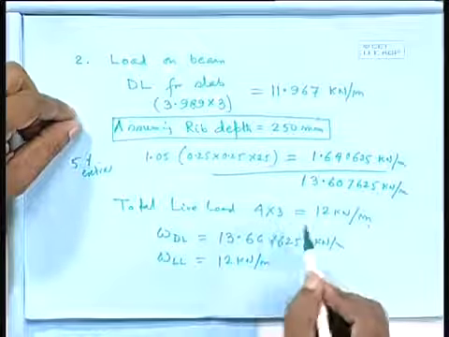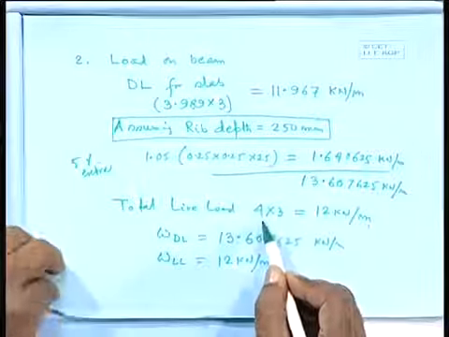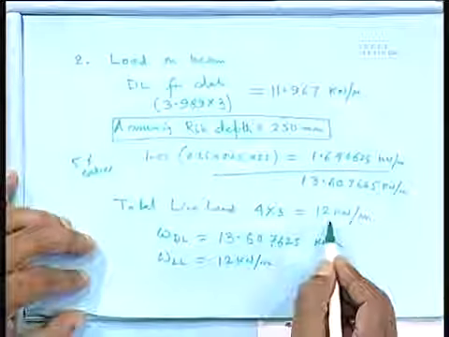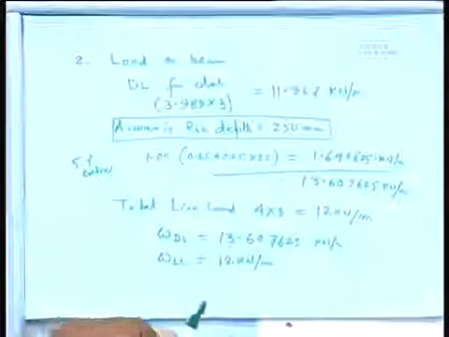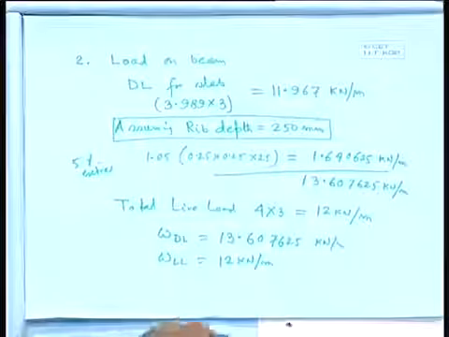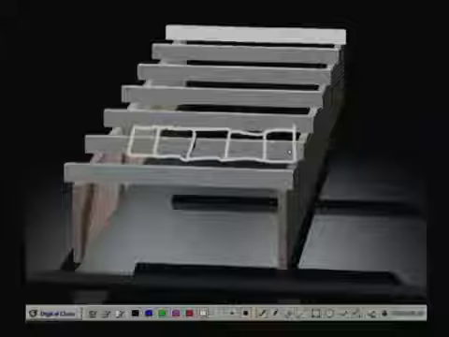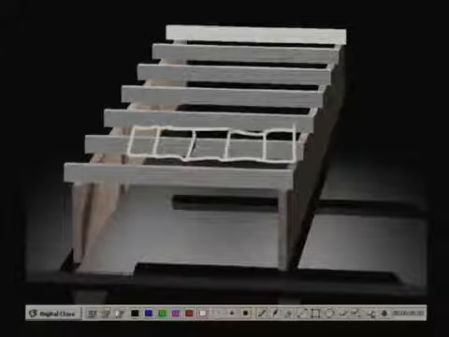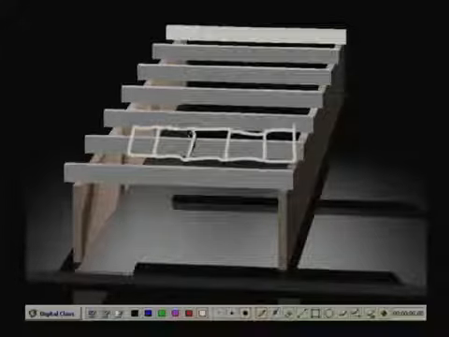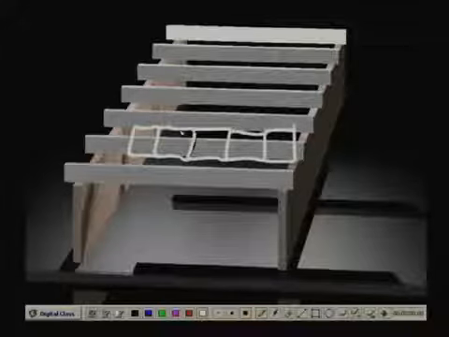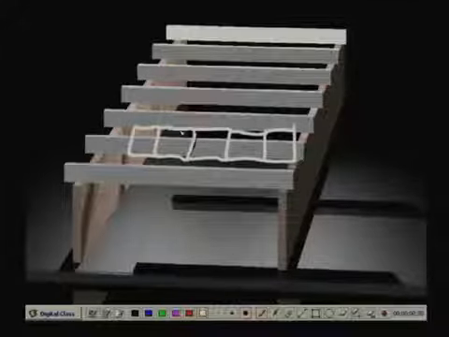Total live load is 4 into 3, because spacing of beams is 3 meter, so 12 kN/m. Along this length we are getting 12 kN/m for live load and 13.607625 kN/m for dead load, and we have done up to this.